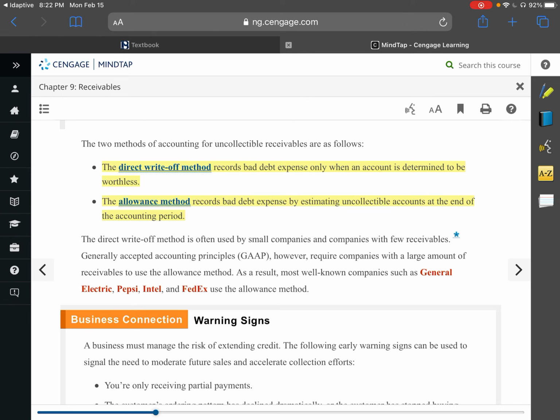The allowance method is used for larger companies that have a tremendously large account receivable balance, and it would take them longer to go through and try and find every individual customer that's uncollectible. So instead, they use an estimate and they write off a percentage.